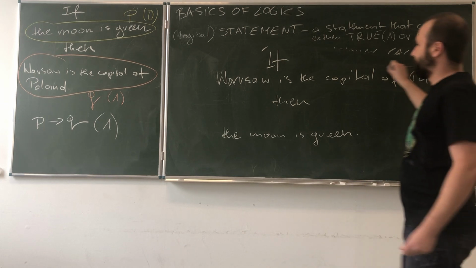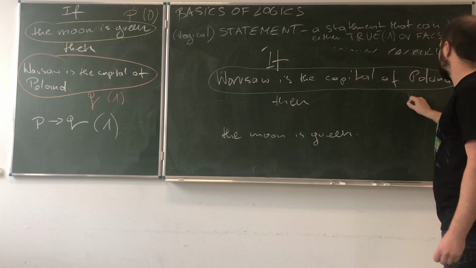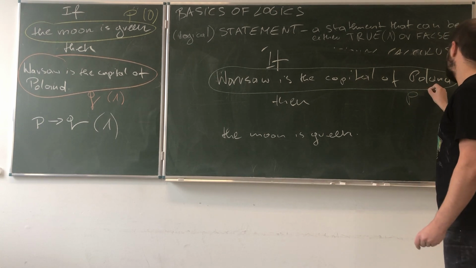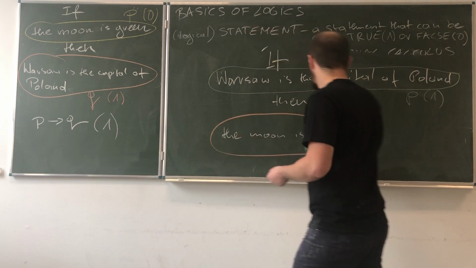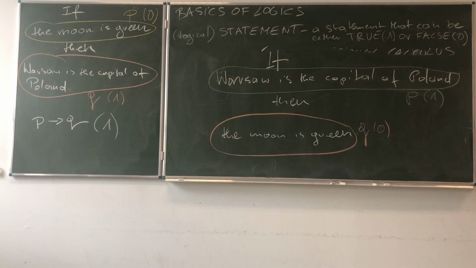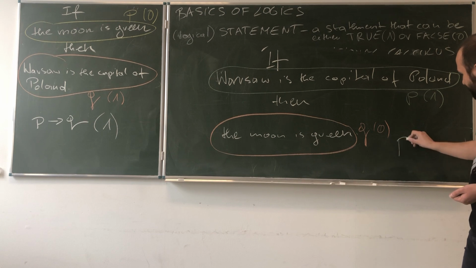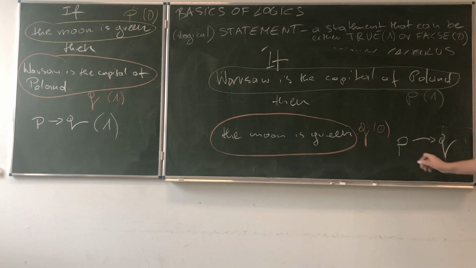This statement, let's denote it as P, we already established, is truthful. Now, the second part, let's call this now Q. This part is false. So look, we've got a situation when something truthful implies something false. So the entire statement must be false.